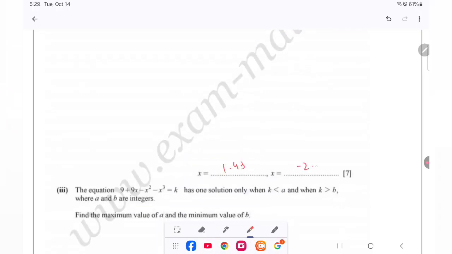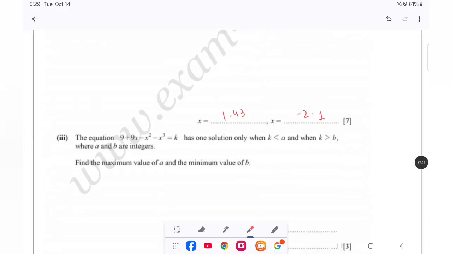In the question part 3, the equation 9 + 9x - x square - x cube is equal to k has one solution only when k is less than a and k is greater than b, where a and b are integers. Find the maximum value of a and the minimum value of b.